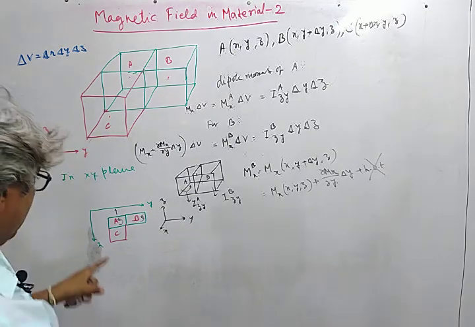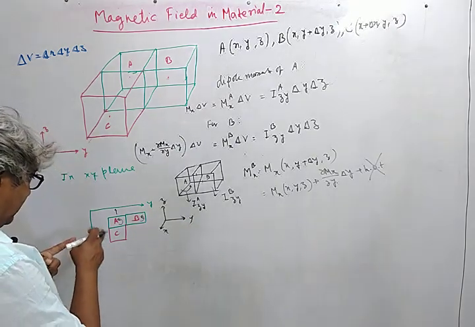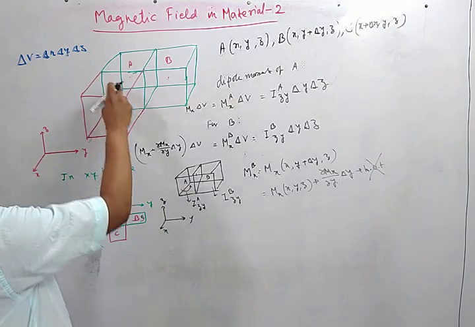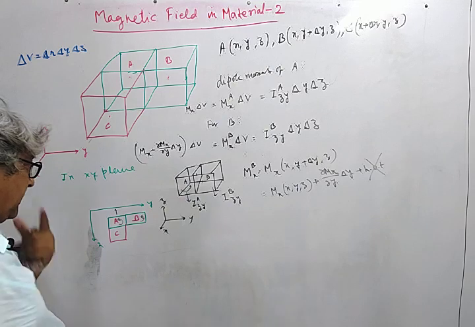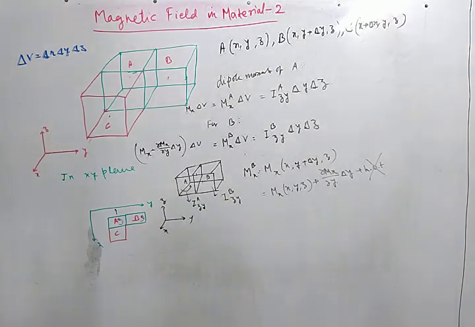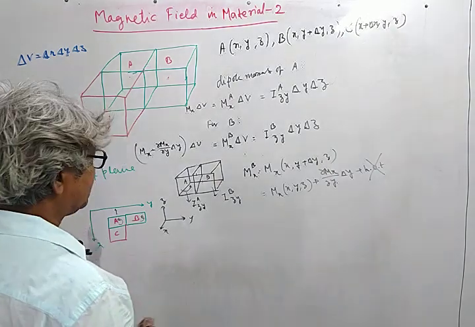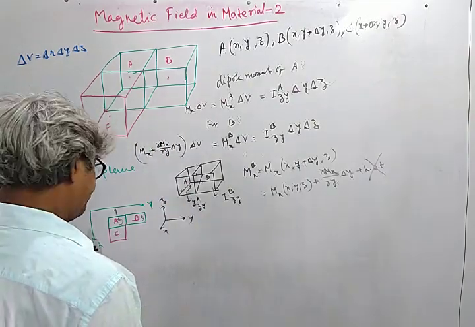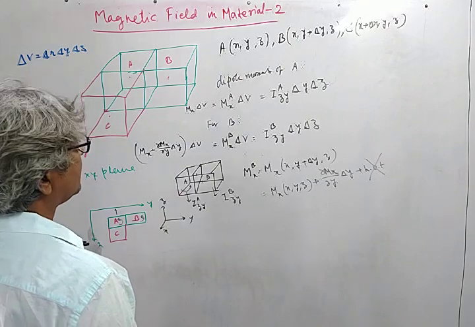So when we look down the x axis, this is the anti-clockwise circulation, so they are treated as positive. If we want to find the net current flowing in the positive z direction across the two volume elements displaced along the y axis, what will it be?